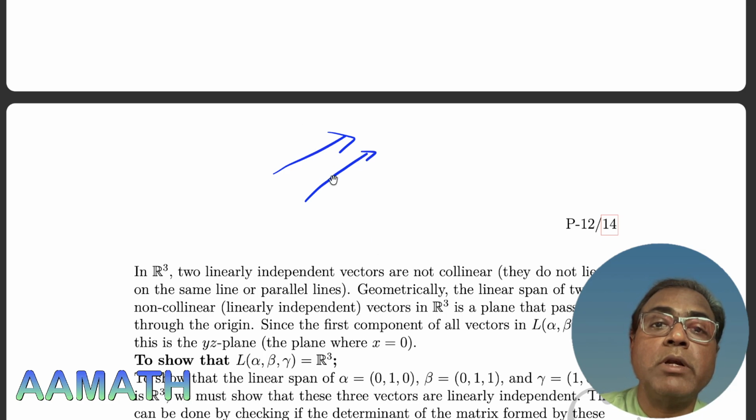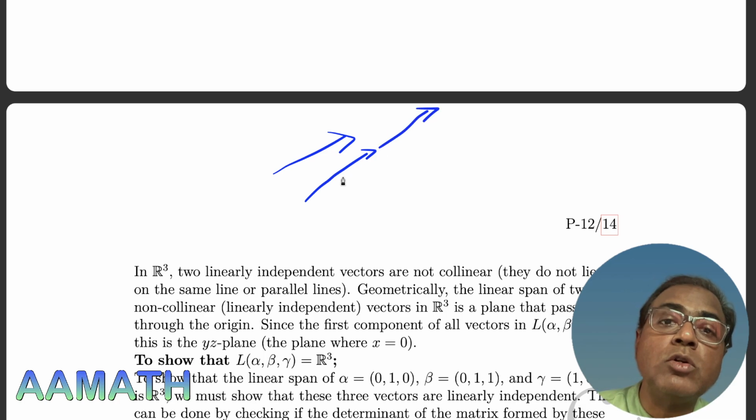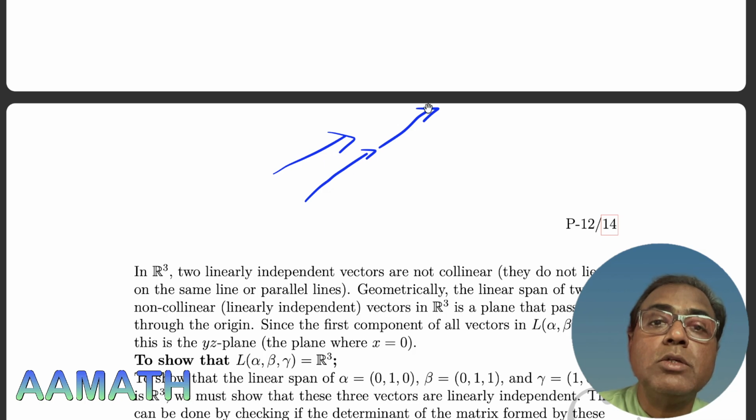Or another vector is this. These two vectors also are in the same line, so these vectors are collinear. And this vector and this parallel vector are also collinear. So two linearly independent vectors are not collinear.